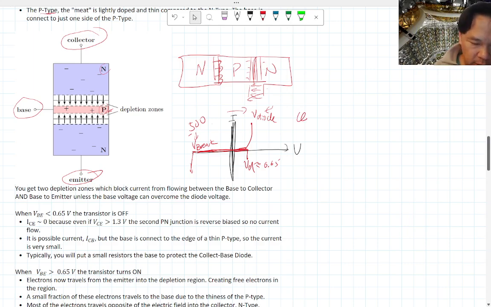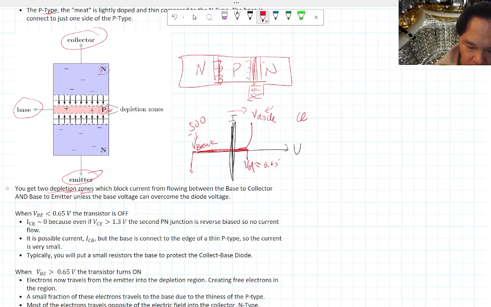Let's describe what happens when you sandwich these three different semiconductors together. You get a depletion zone between both sides of the PN junctions.